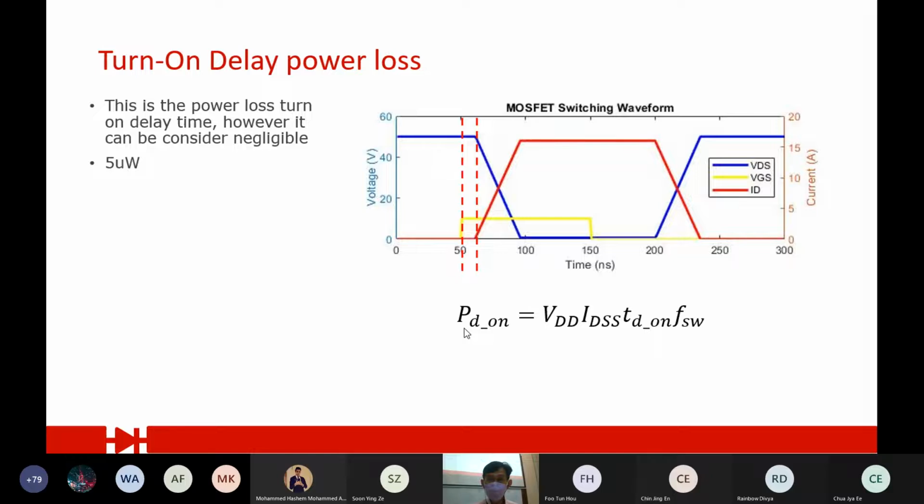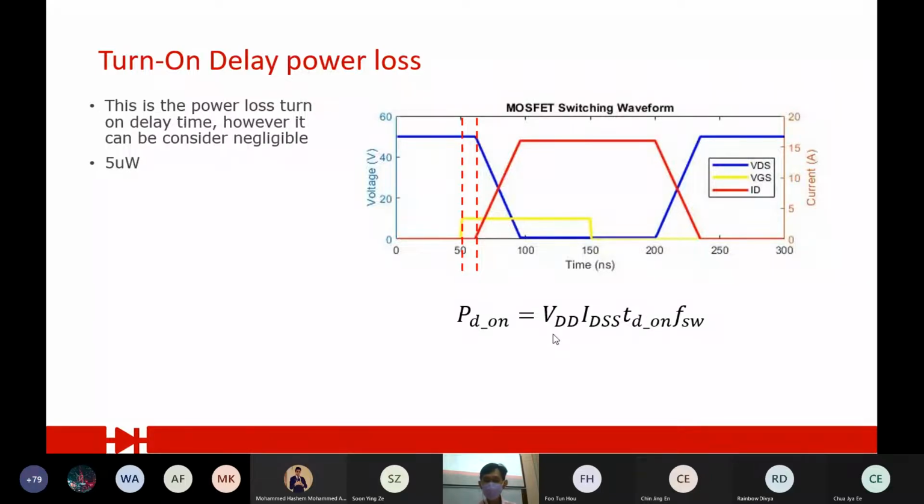The turn on delay power loss equals the VDD, the applied voltage, multiplied by the IDSS because it's still not yet turned on, multiplied by the turn on delay time, multiplied by the switching frequency.